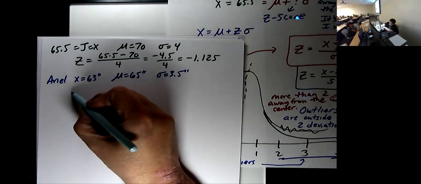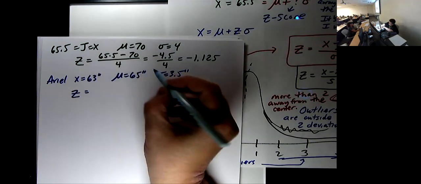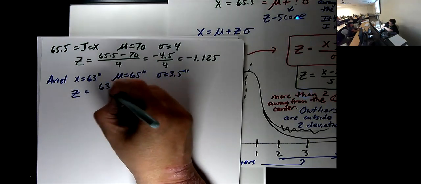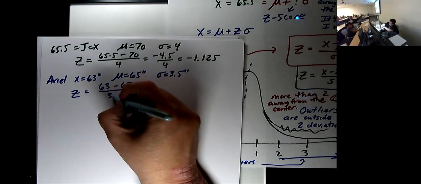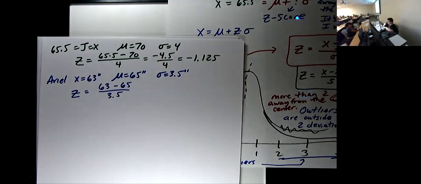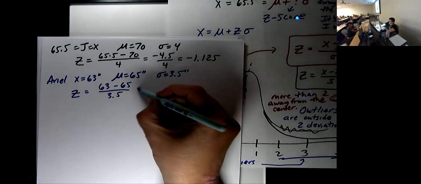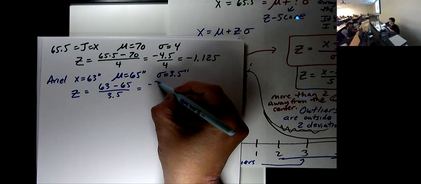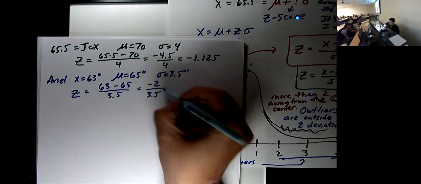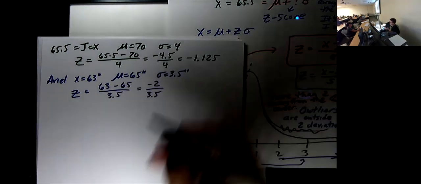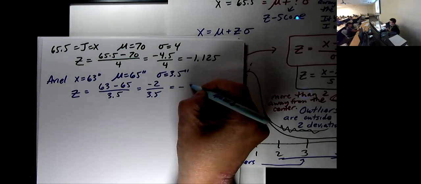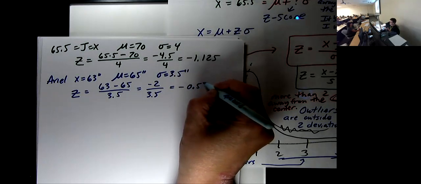So if I calculate Ariel's Z-score, I have 63 minus 65 over 3.5. 63 minus 65 is -2. And on the bottom, I got 3.5. And when I do this, I get negative 0.57 to 2 decimal places.